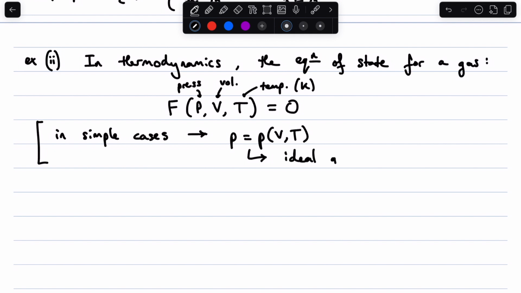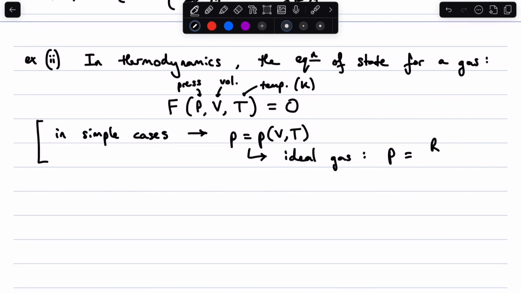We have that P equals RT over V, where R is the universal gas constant, which you'll get to when you get to thermodynamics. But you can see here we've given it explicitly as a function of temperature and volume.